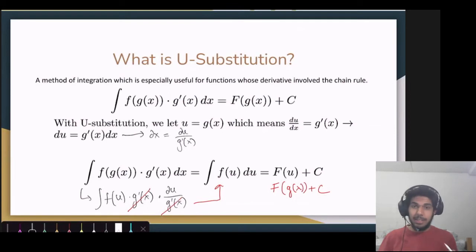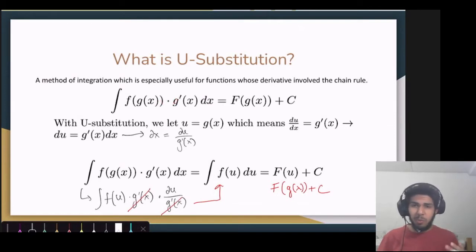First of all, is it in the integrand? Yes, g of x is right there, so we can make that substitution for u, so that's a good thing. Second, we want to check, is its derivative a multiplicative factor in the integrand? Well, the derivative of g of x is g prime of x, and sure enough, we have g prime of x. It is a multiplicative factor, so that would be a really good choice.